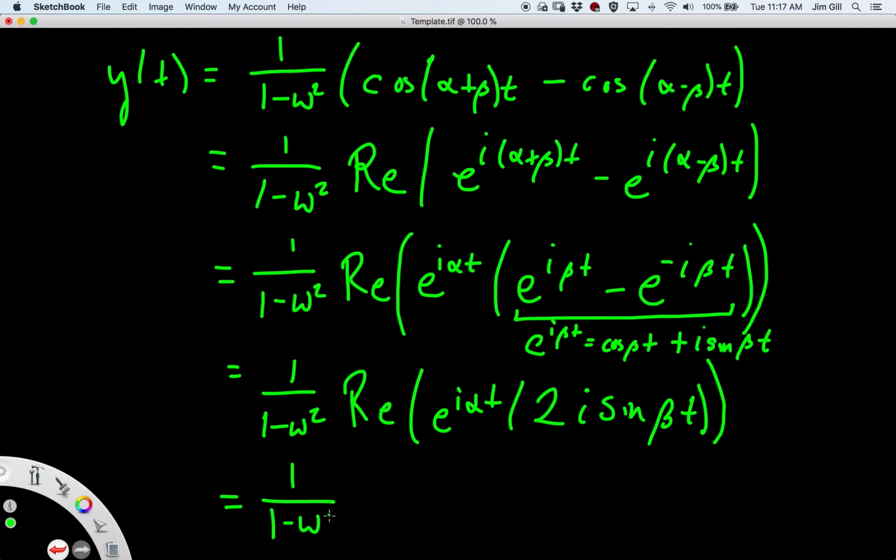We're getting somewhere. We're almost done here. So this part is, again, cosine alpha t plus i sine alpha t. And we're eventually going to take the real part of these things, not the imaginary part. And the real part of this product is actually going to be this term times the i times sine alpha t.